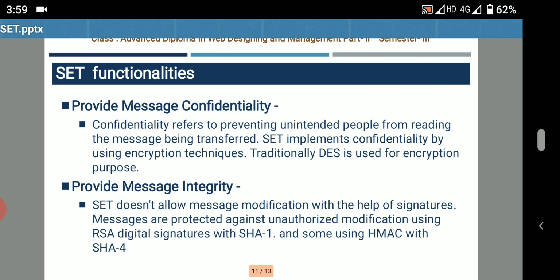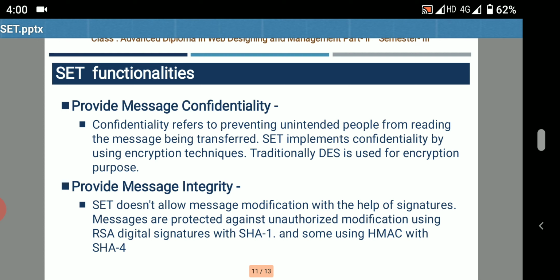Provide message confidentiality. Confidentiality refers to preventing unintended people from reading the message being transferred. Okay, so what does it mean? Hackers cannot read the message being transferred.